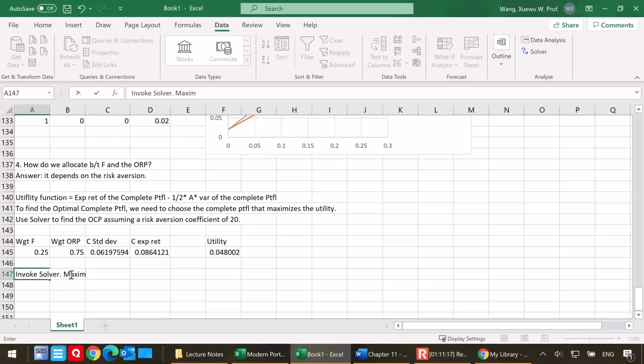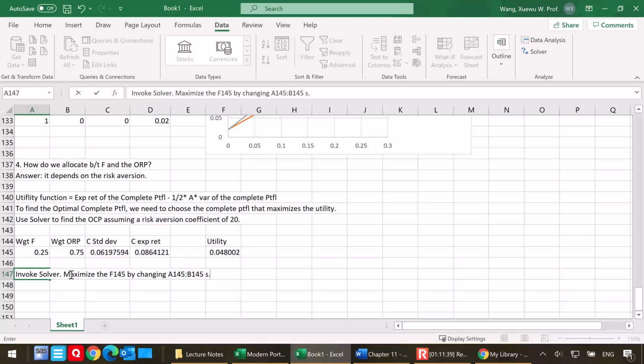I'm going to maximize the utility, which is F145, by changing, again, the weights. The portfolio manager can fine tune the weights. So that's A145 colon B145. That's going to be the choice variable for the portfolio manager.